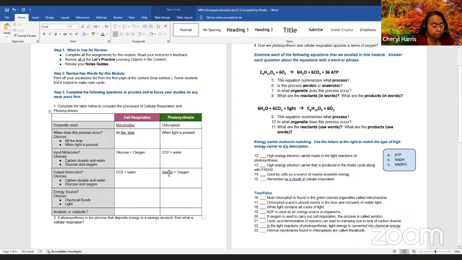Still can't spell. All right, and then somebody can put the definition when you find it, one for catabolic and one for anabolic.